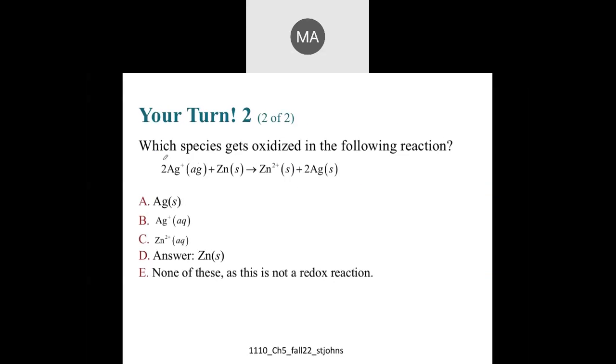In this particular reaction, what is happening here: the silver ion charge 1, right side silver 0. Left side zinc charge 0, the free element charge is 0, here the +2. So it seems the zinc is oxidized and is the reducing agent.